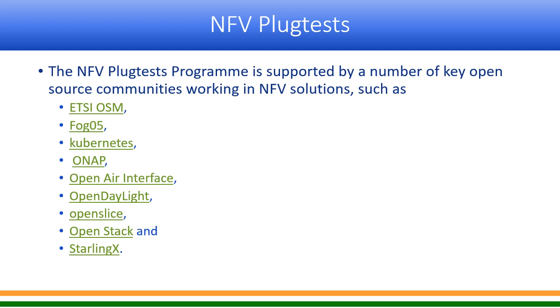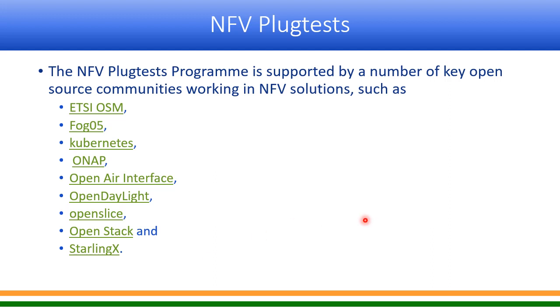As I said, ETSI also runs an NFV Plugtest program, which is nothing but interoperability testing done by various open source communities and other companies, OEMs and IT companies working on this.